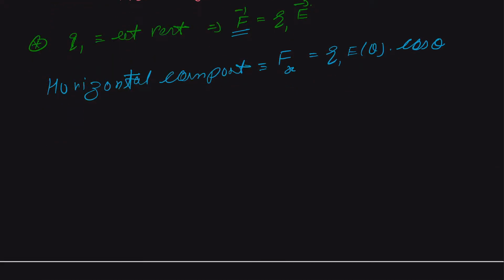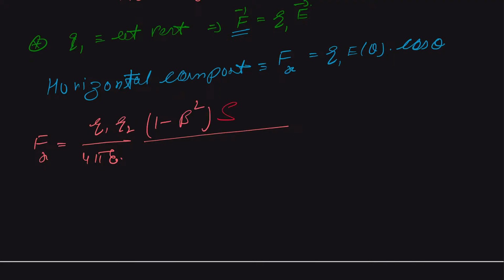Therefore we get that the horizontal component, f of x, will be equal to q1 q2 over 4 pi epsilon naught, times 1 minus beta square, sine square theta, over b square times 1 minus beta square sine square theta whole raised to 3 by 2, and cos.